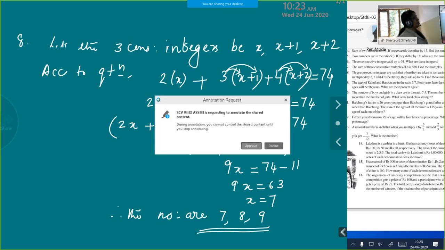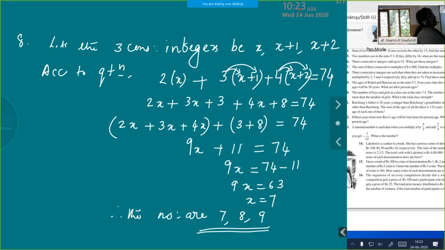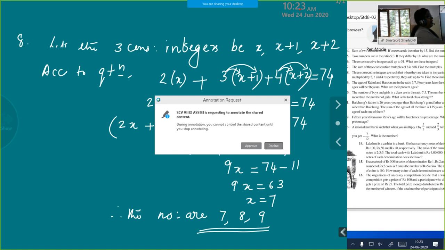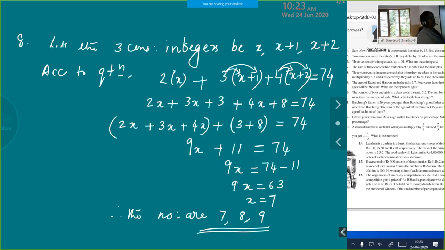According to the question, the three numbers are written in increasing order and then multiplied with 2, 3 and 4. The first number is multiplied by 2, the second by 3, the third by 4. Then we added and got 74.